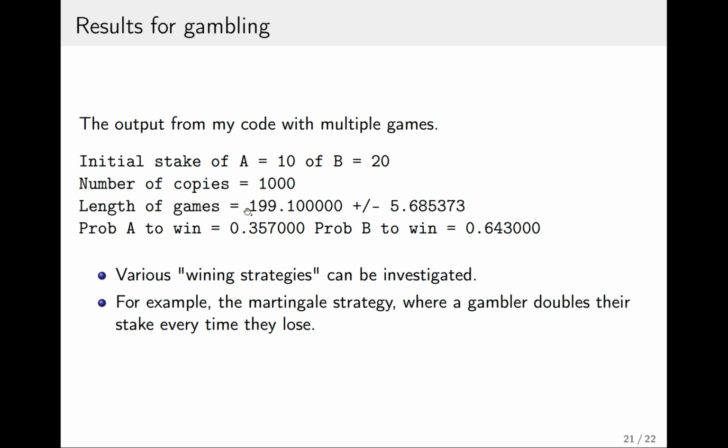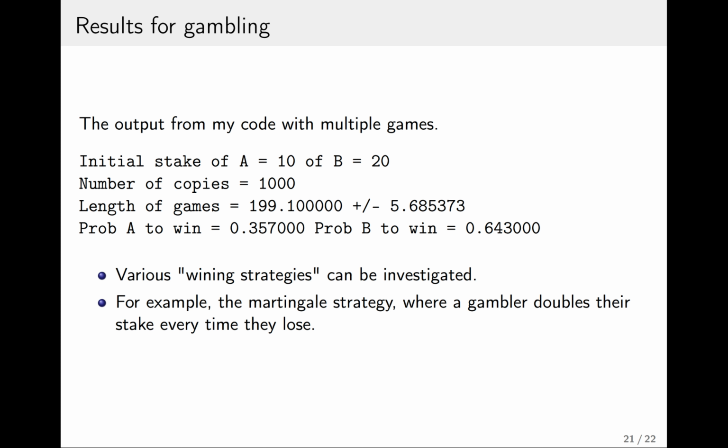I can just count the number of times A wins and the number of times that B wins. So B wins 0.643 and A wins 0.357. So B has an advantage because they just start with more money, so they just win more. But by using this Monte Carlo, you can analyze this simple game to tell you who'll win.